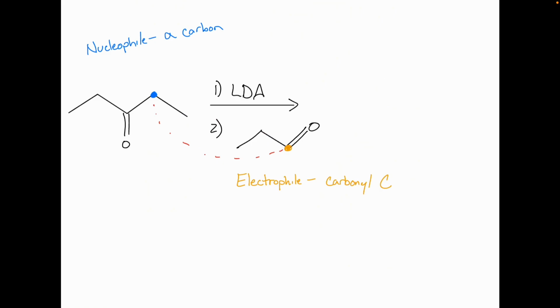Okay, so I'm going to start by drawing these 1, 2, 3 carbons from my propanol. When I draw that new bond, on the other side is that alpha carbon.